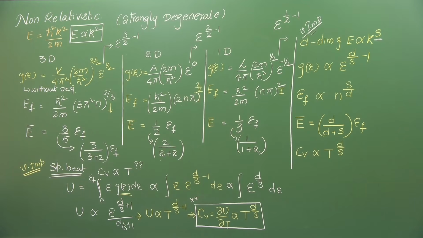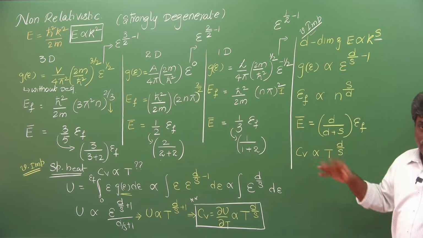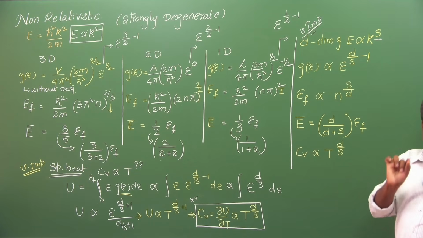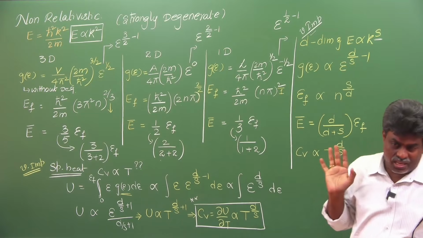I am discussing all the questions given till now in this Fermi free electron theory; please try to solve. Don't forget the original one, the general one. After that, whatever condition is given, you simply substitute d and s.